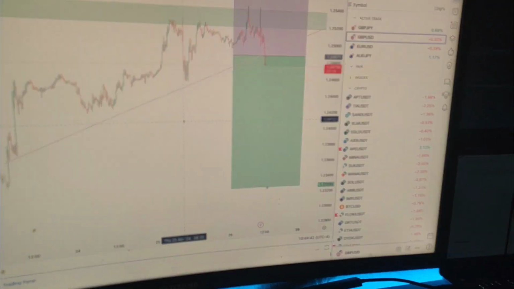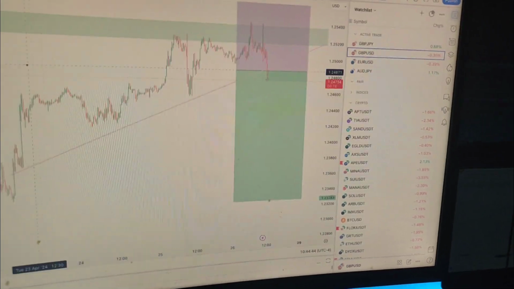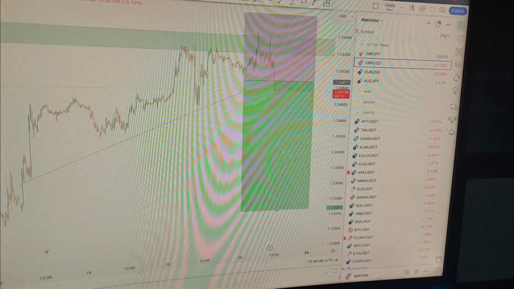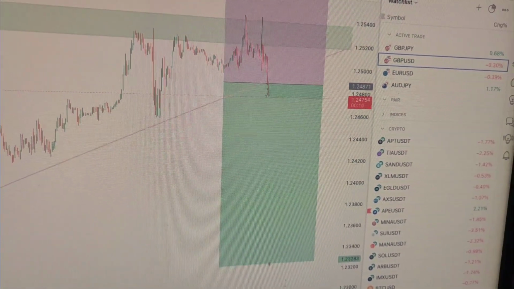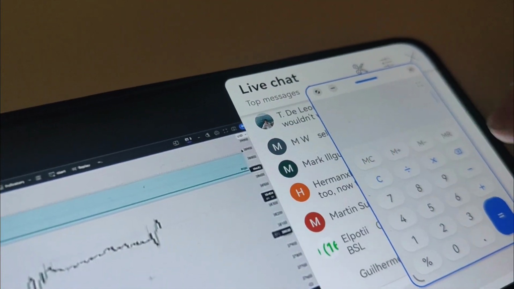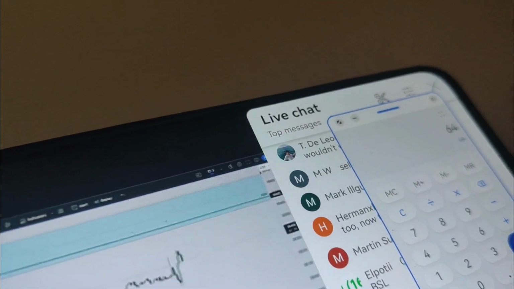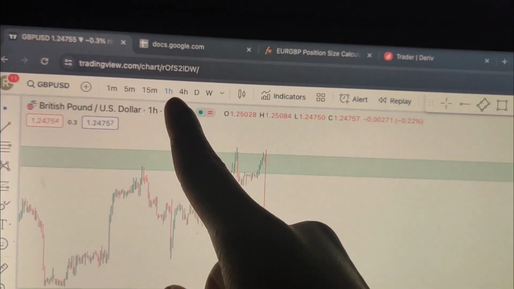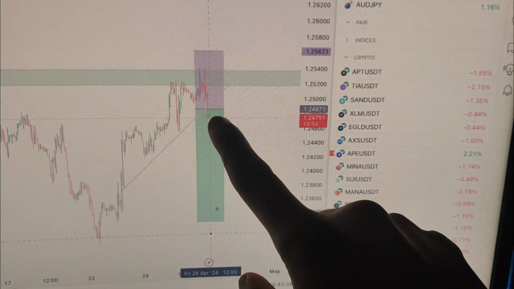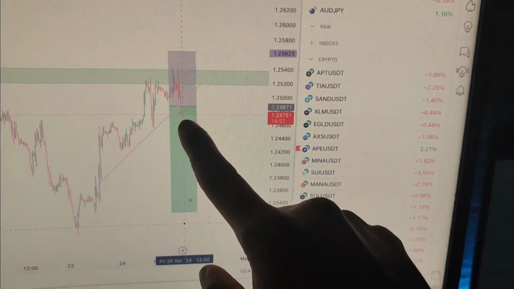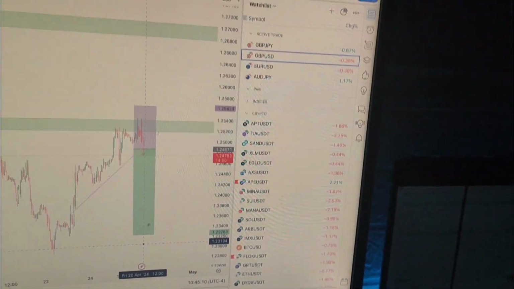So I have a good feeling about this trade, and hopefully it goes our way to make $64. On the 1 hour time frame, we should be closing in 15 minutes. If it closes bullish this way in the next 15 minutes, then we are good.